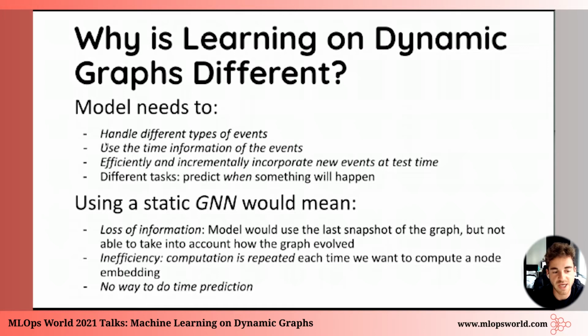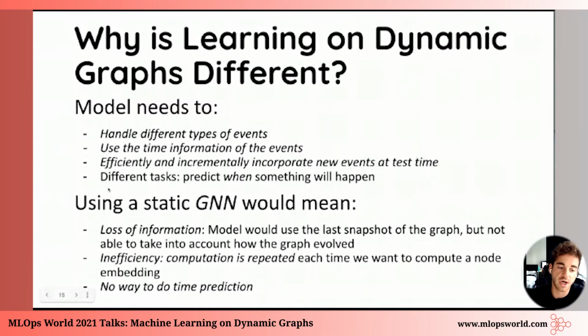The model needs to be able to use the timing information of these events. And we also want to be able to efficiently and incrementally incorporate new events. So if at test time we see just one new event, we don't want to do a whole bunch of recomputation again, but we want to use what we have seen so far and just do a little bit more computation to incorporate this new event.